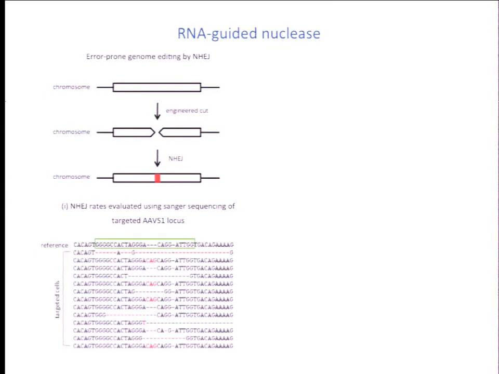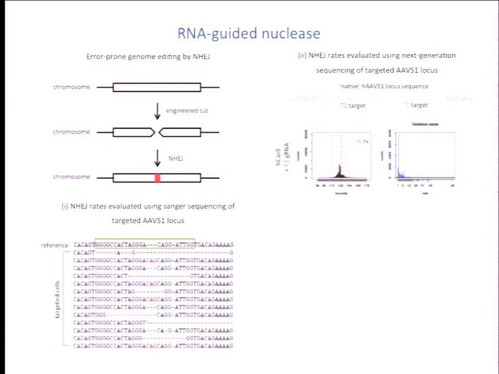But in these early experiments, to get a deeper insight into how this process functions and how truly specific it is, we decided to modify this experiment and instead target two regions in the genome right adjacent to each other, highlighted here in red and green and referred to as the T1 and T2 targets. If you had a guide RNA targeting the T1 region, then what one found is that most of these insertions and deletions, if you quantified them, were between these two red lines that demarcate the boundary of the T1 target.